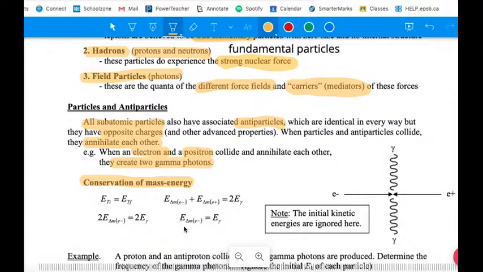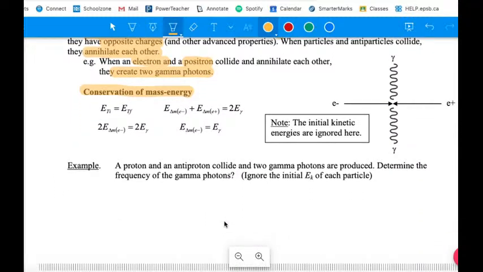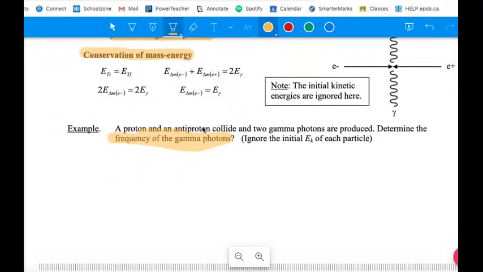So the mass defect of these annihilated particles will be equal to the energy carried by the gamma photons. And there's a good example on the next video walking through how to go through these conservation of mass energy steps and determine, in this case, the frequency of those emitted gamma photons. All right.